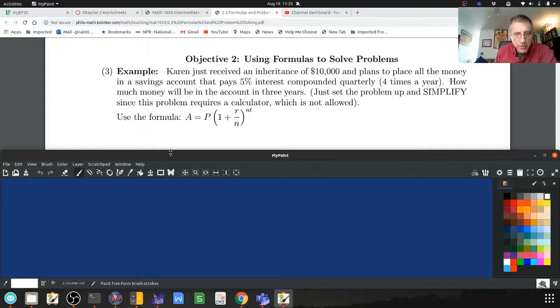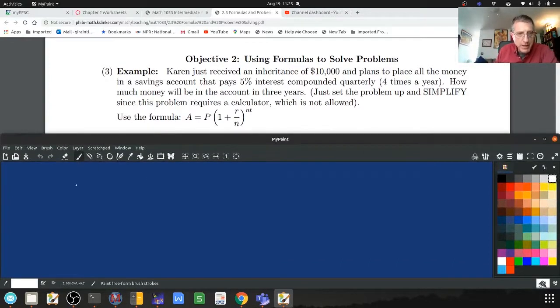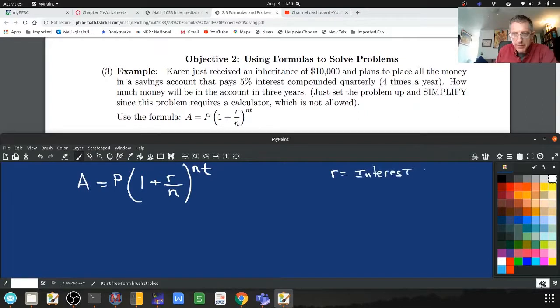So we're going to use the formula: the total amount you have in your account is equal to your principal investment times 1 plus your interest rate divided by the total number of times compounded per year, raised to the total number of times per year times the total number of years. So R is going to be our interest rate, and N is going to be the number of times compounded.